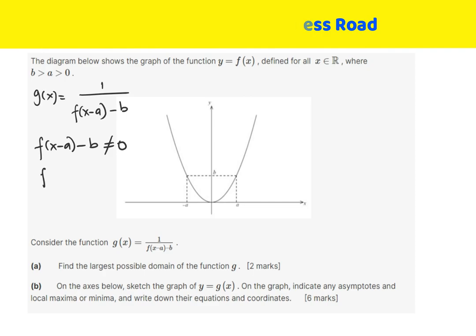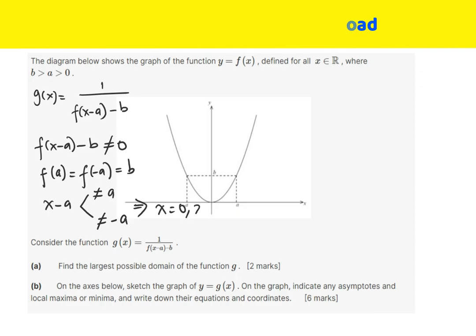Since we know that f of a equals f of minus a, which is b, and therefore x minus a should not be equal to either a or minus a. Do you see that? And that results in x not equal to 0 and 2a. You get the idea.